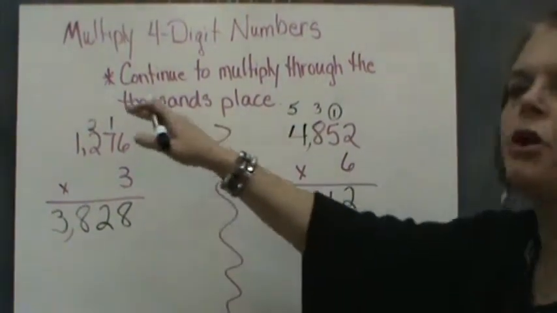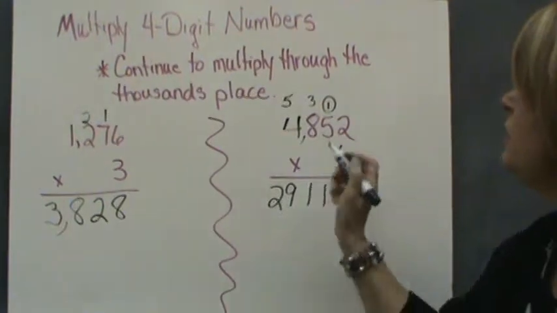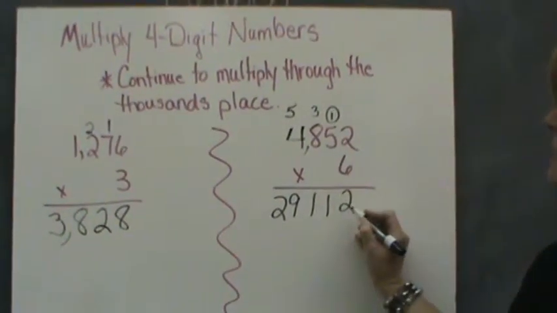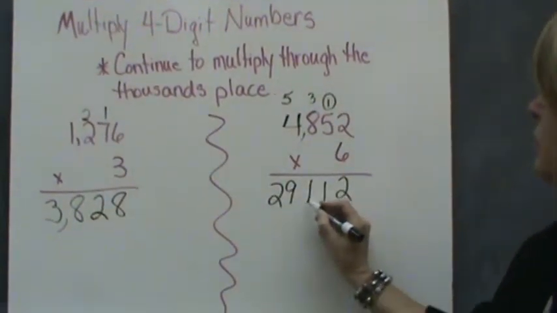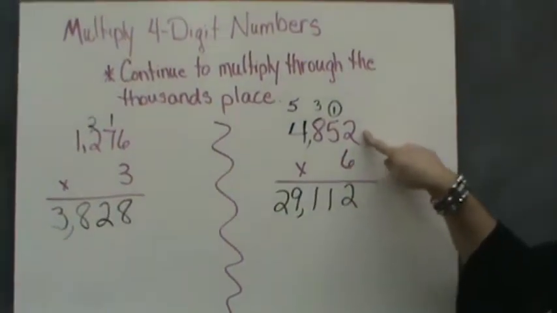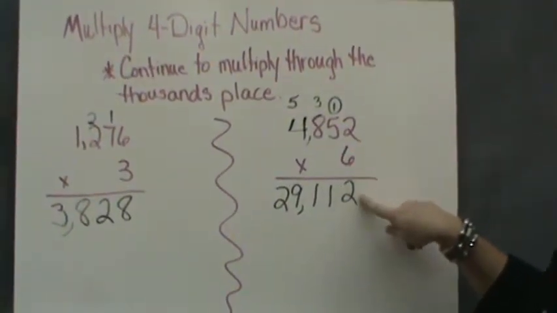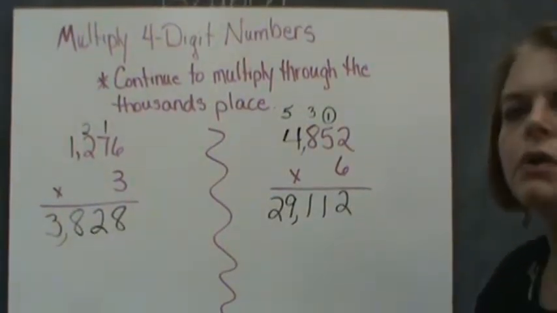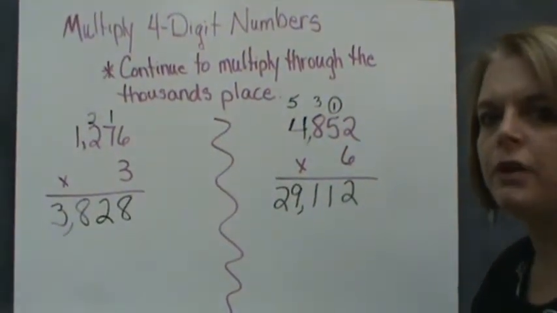And you just keep going. If I needed to keep going, I could. That's my highest digit. So now I count 1, 2, 3, comma. So 4,852 times 6 is 29,112.